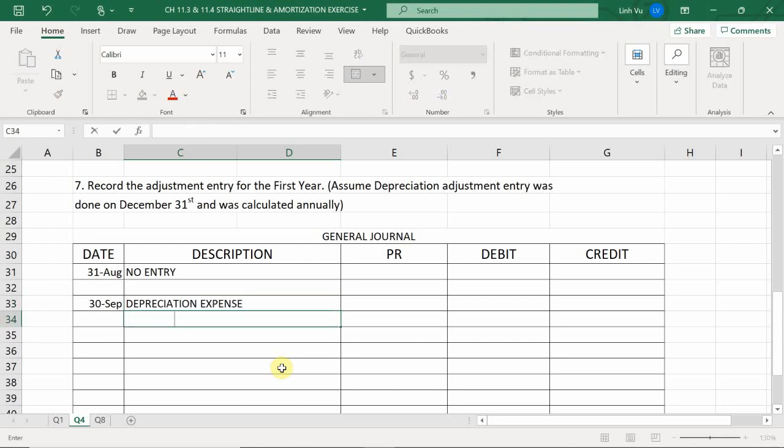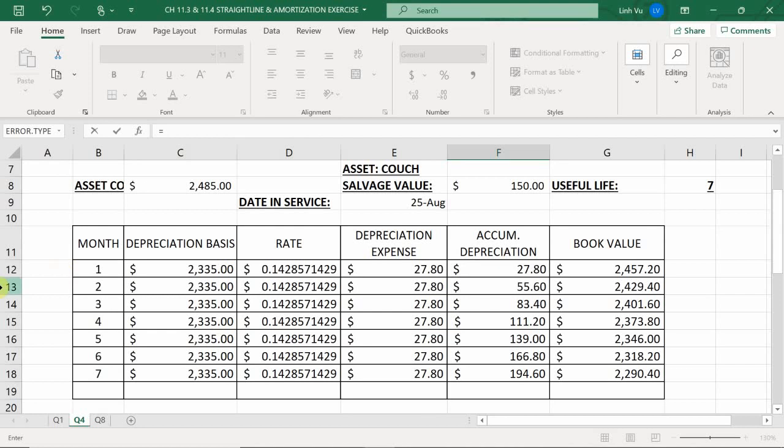Depreciation expense, accumulated depreciation. Since I'm in the month of September, then yes, I can go ahead and depreciate it for the 2780. Okay.